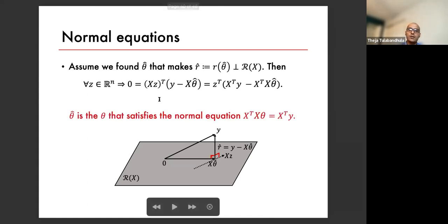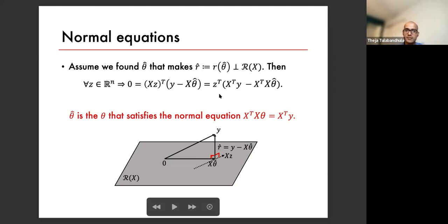Since this should hold for any z, I can pick a z which is not 0 coordinate-wise. The only way z transpose times the thing in the bracket can be 0 is if the thing in the bracket is 0 coordinate-wise.